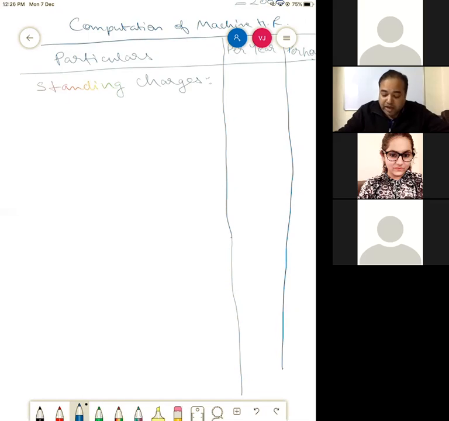So this is per annum, we have to compute to per hour. That we can do once we know annual charges, then we can divide it by the total machine working hour. Our machine working hour we have computed to how much? 2000 hours.